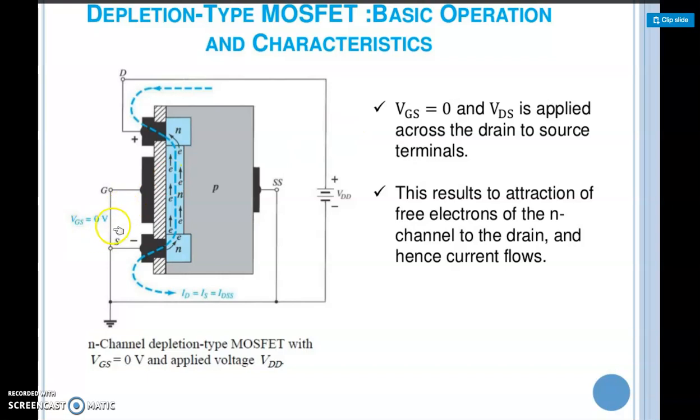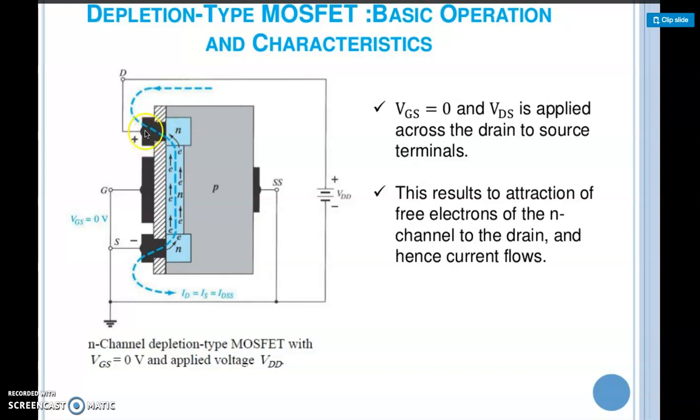With VGS equal to 0, we apply VDS by varying the VDD supply. The VDD supply gives the VDS voltage, the voltage between drain and source. As VDS increases, more electrons start moving towards the drain and are collected by the drain.